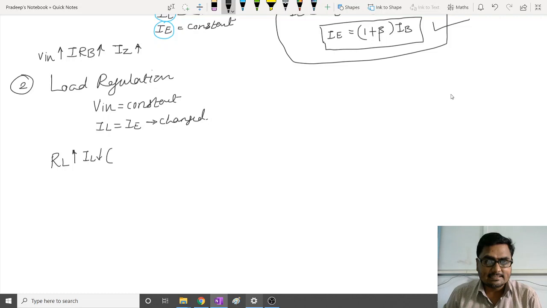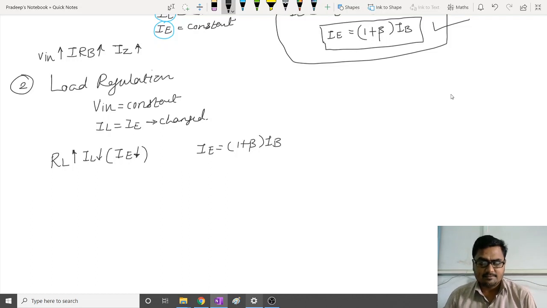It means it is the emitter current of the transistor which is decreasing. But what is the value of IE? Emitter current is (1 plus beta) multiplied by IB. So what is the change in IB?